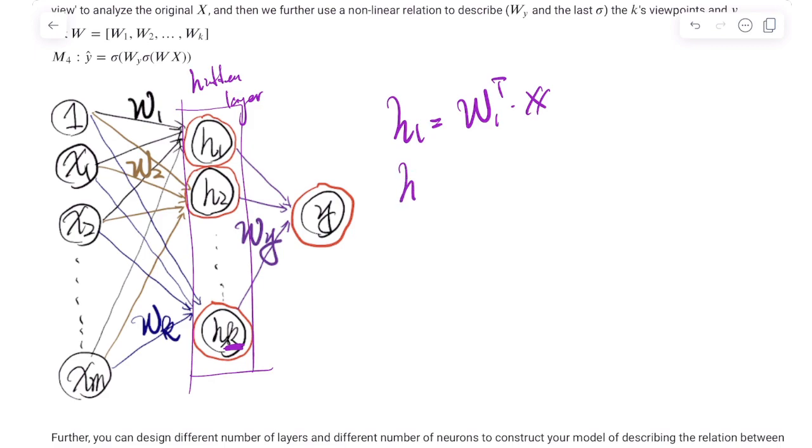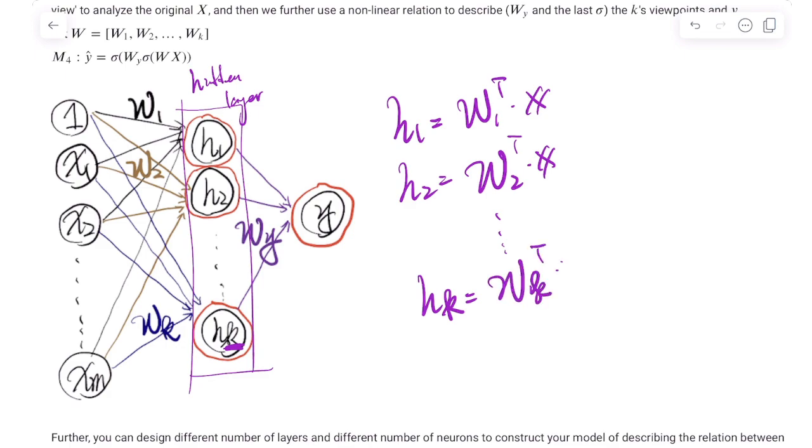H2 is another neuron, and its value should be something like this, and so on and so forth. If you have k neurons in a hidden layer, notice that those weights are all different. So you have many different parameters to describe the relationship between your neurons in the hidden layer, which is H1 to HK.